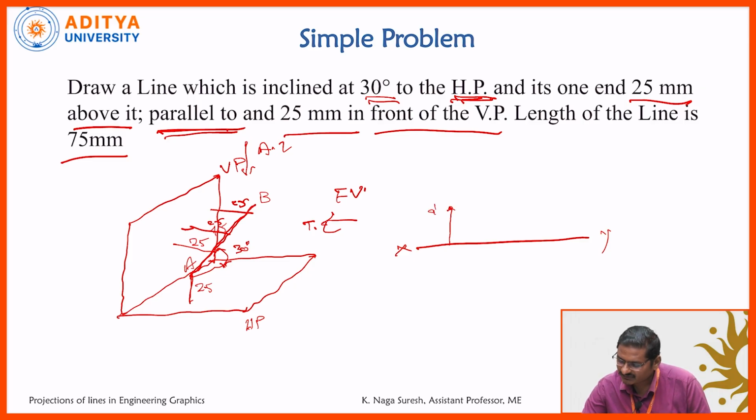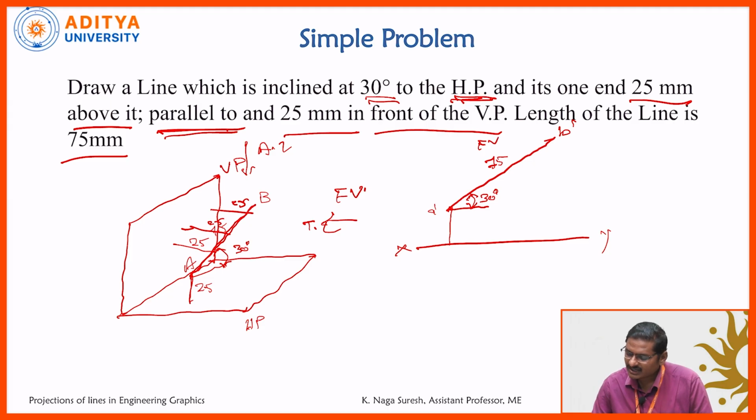Draw the 75 mm long line at an angle of 30 degrees, and this is B dash. The B dash projects below here, and the top view appears like a line.